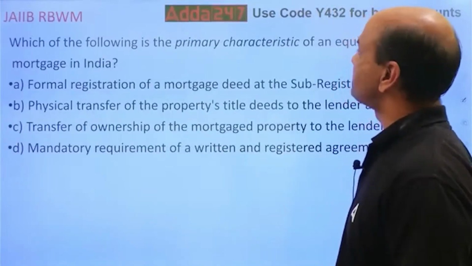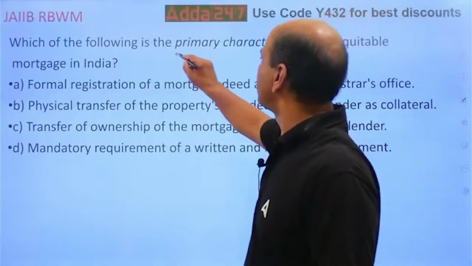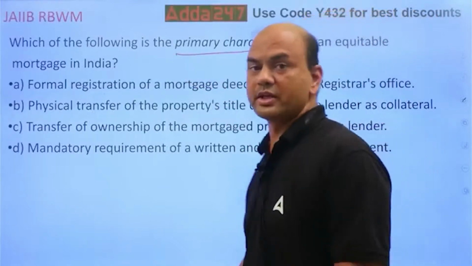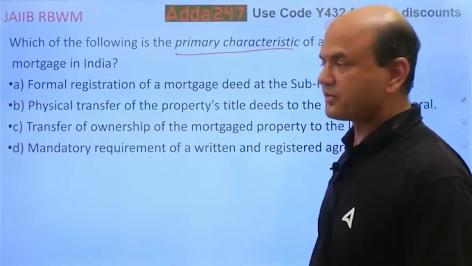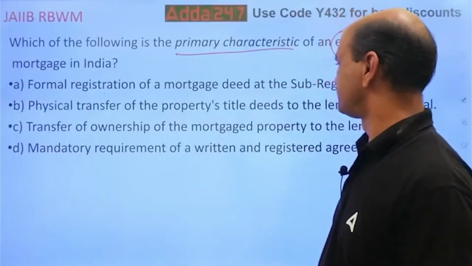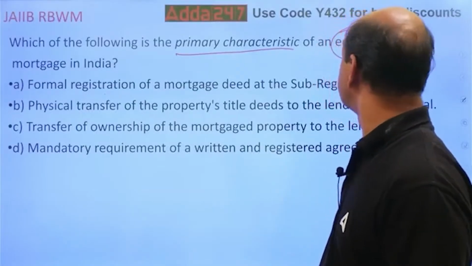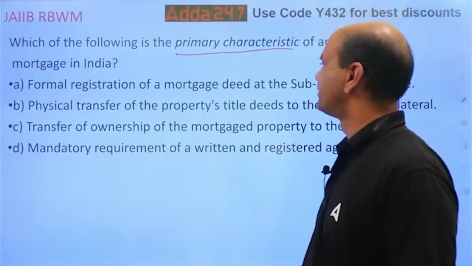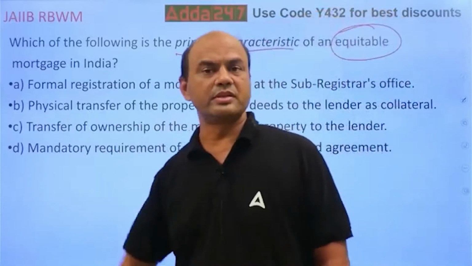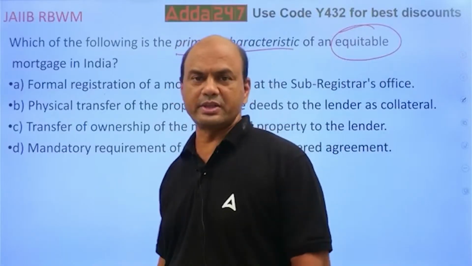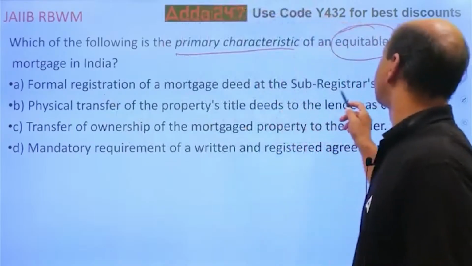Which of the following is a primary characteristic of an equitable mortgage? Primary, important characteristic of equitable mortgage. What is equitable mortgage? Firstly, understand the difference. Let's read the options. First: formal registration of mortgage deed at sub-registrar's office.